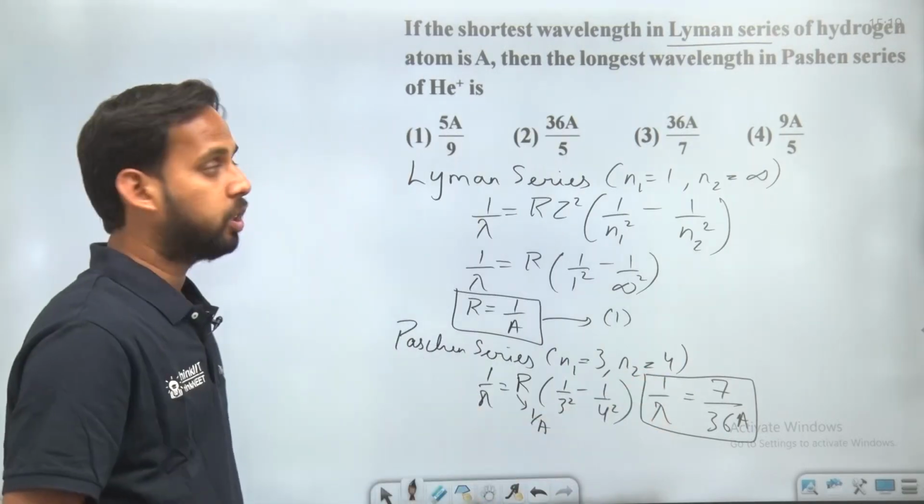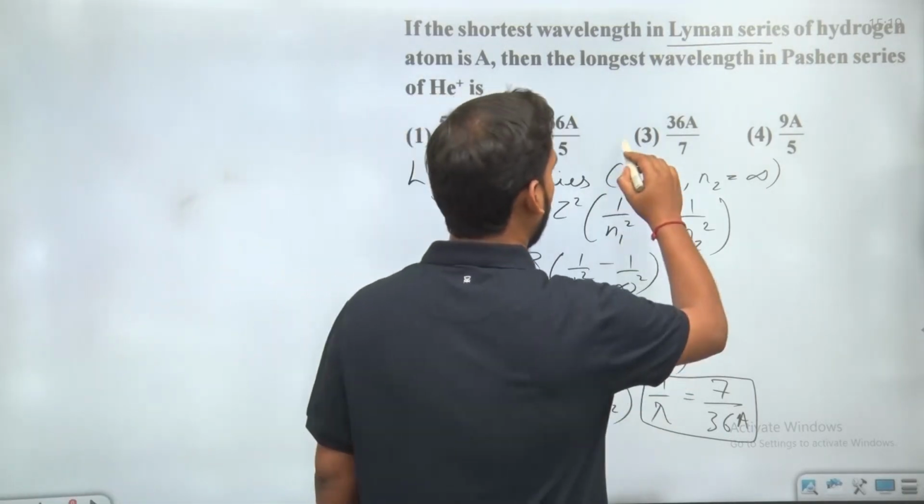So lambda comes out to be 36A divided by 7. So our correct option is option 3rd.